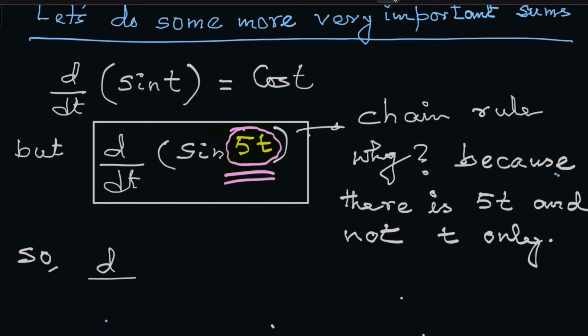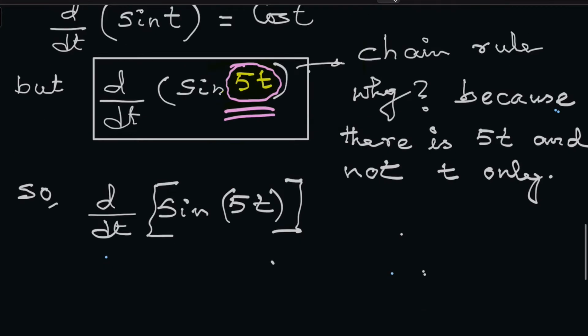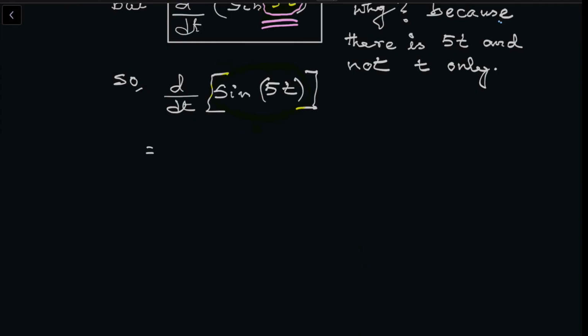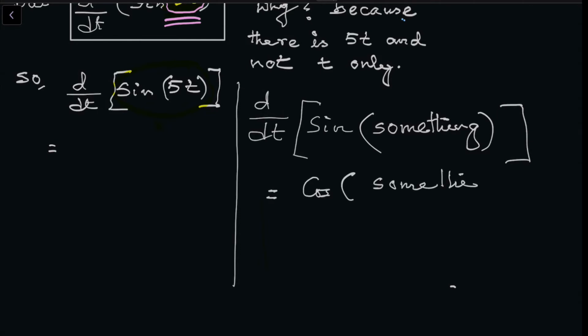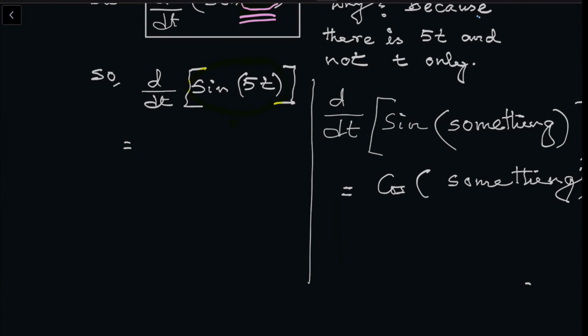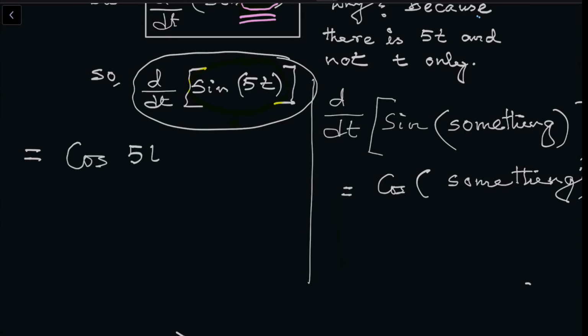So we'll do what? We'll apply chain rule. d by dt of sine 5t. First, think it is a single expression, sine of t like thing. If there was sine of something and then we had to differentiate it, we know it becomes cos. Remember the story of two brothers? Sine becomes cos. So let us write sine 5t to be equal to cos of 5t.